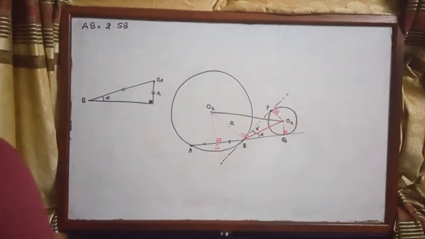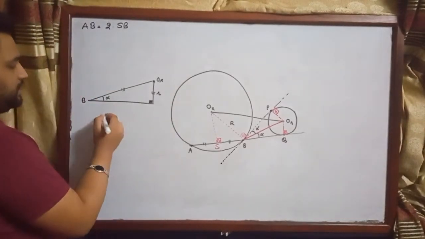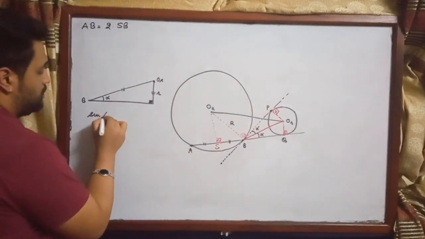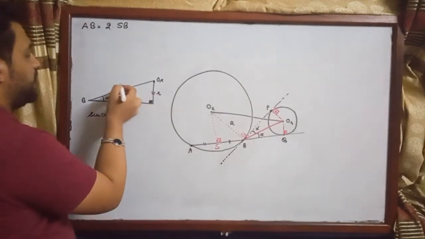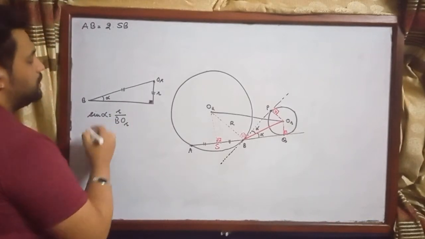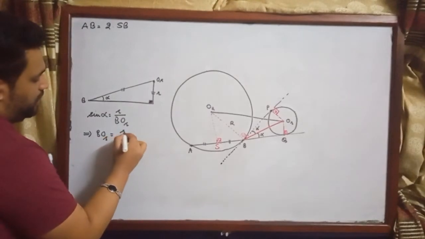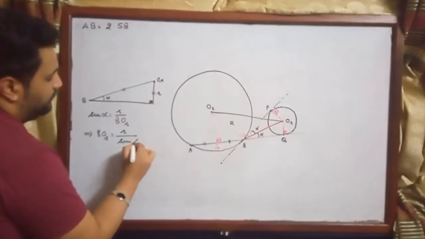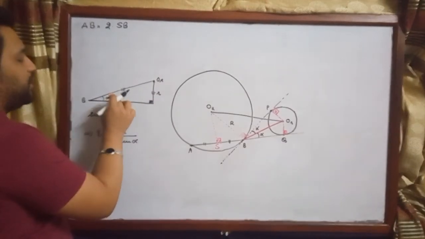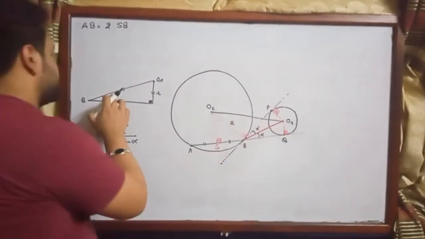Sine alpha is equal to r by BO_r, as a result of which BO_r is equal to r by sine alpha. We carefully note that alpha, since it is an angle of a right angle triangle, will be greater than 0 degrees and less than 90 degrees. This will be an acute angle.